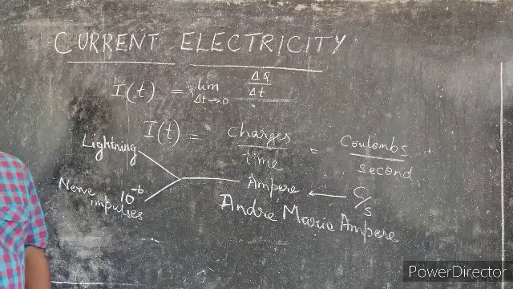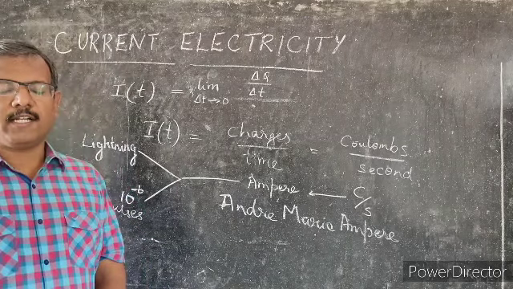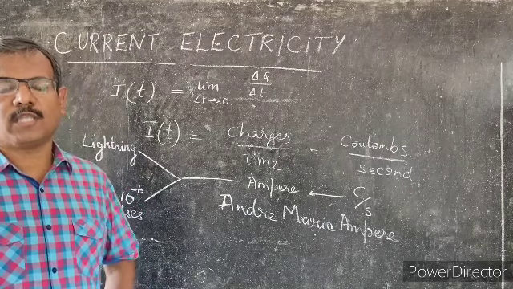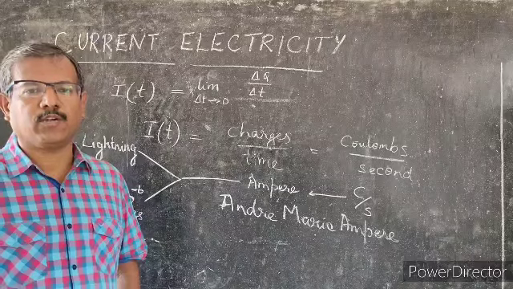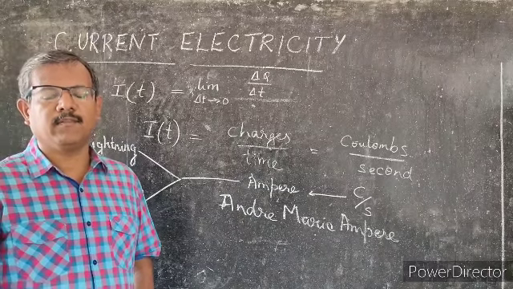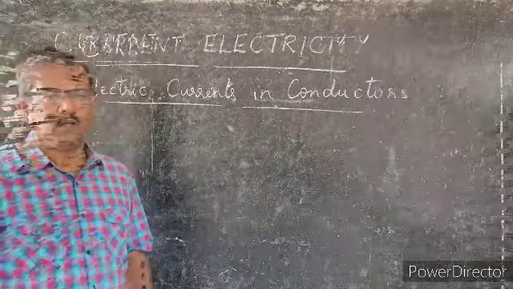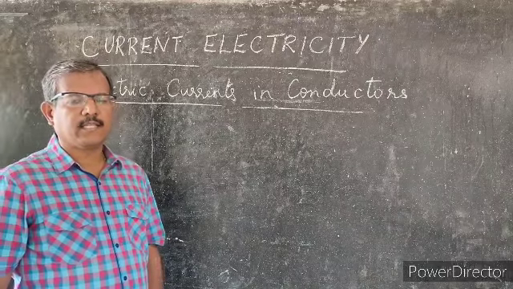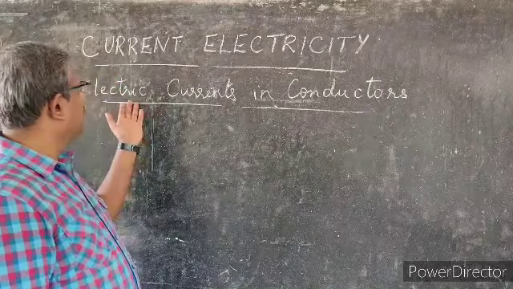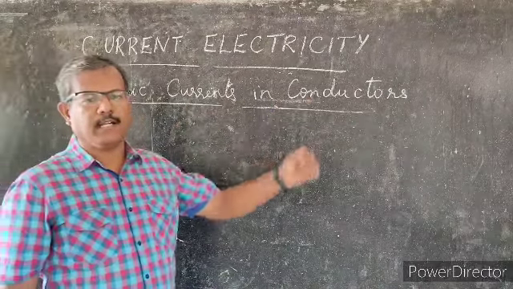So amperes can range from several 100,000 amperes to something as small as in the range of microamperes as seen in the nerve impulses of the human body. We'll next study about electric currents in conductors.